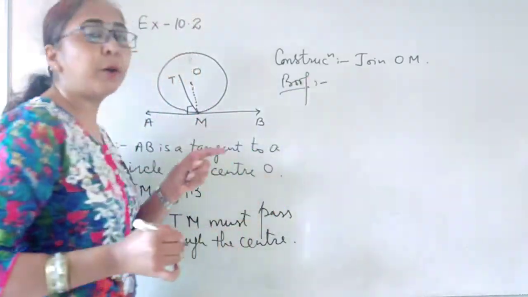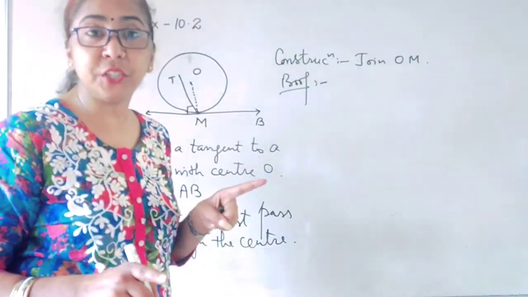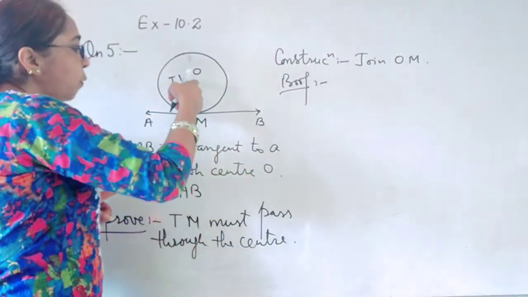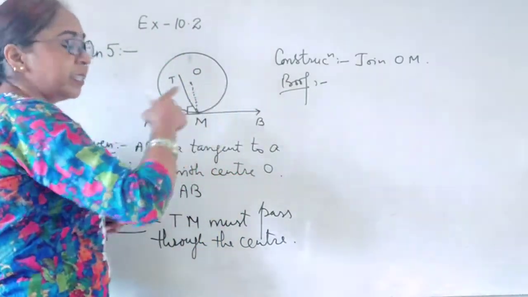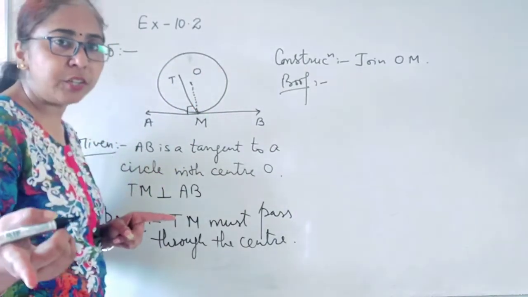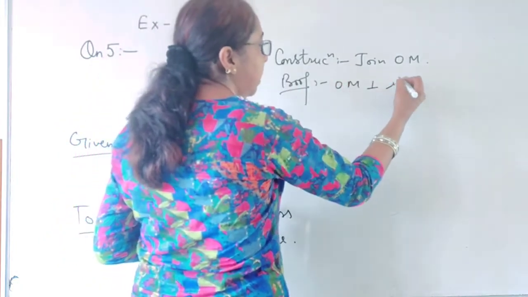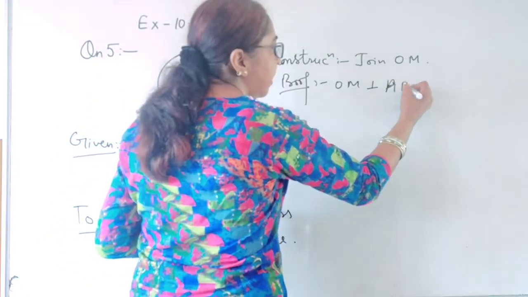Now the proof. We all know about a theorem, I hope you also know that: radius is perpendicular to the tangent, right? So if OM is the radius and AB is the tangent, OM must be perpendicular to AB. Why?